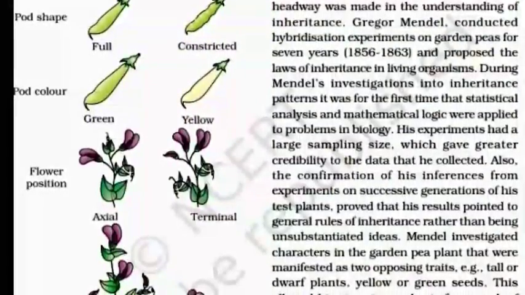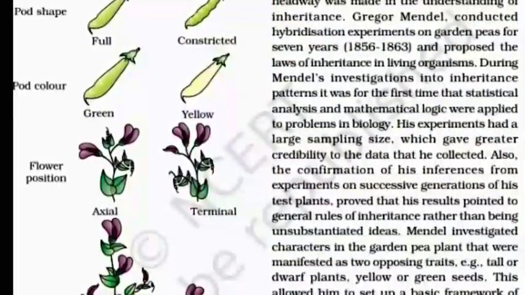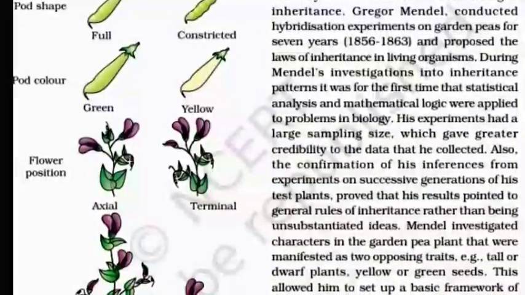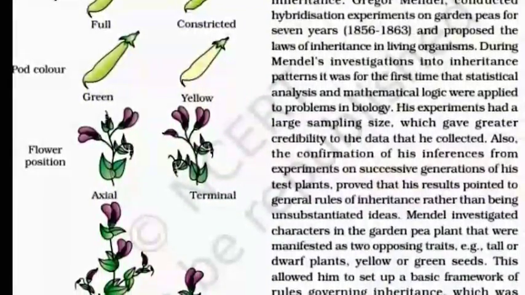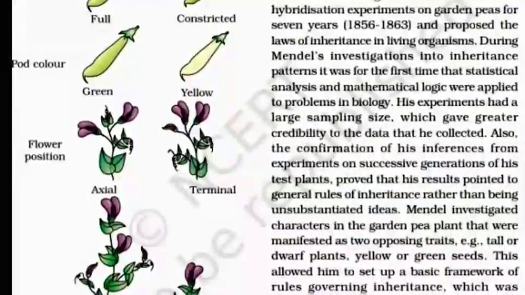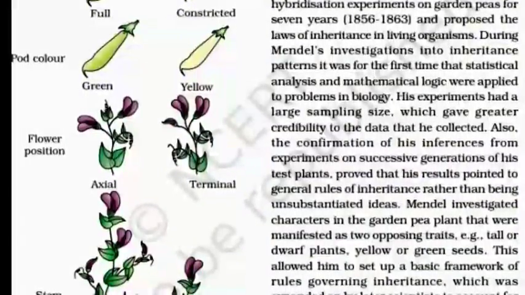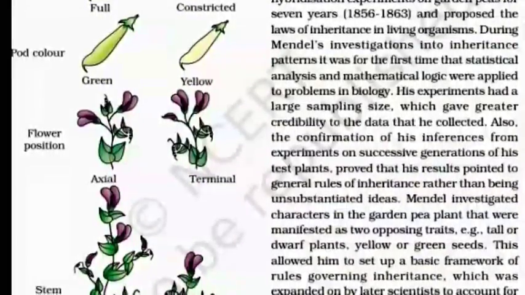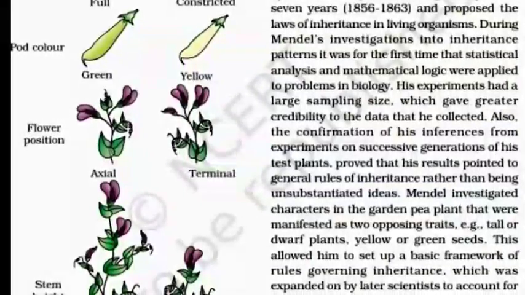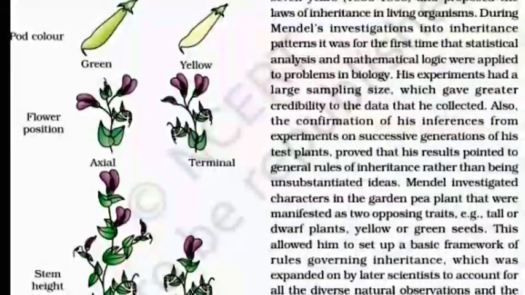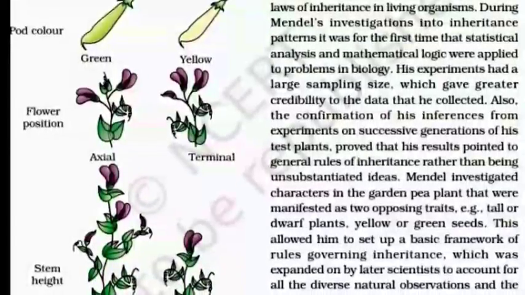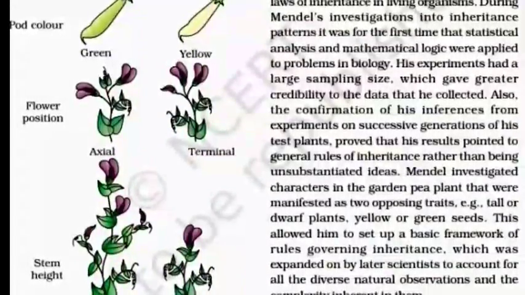His experiment had a large sampling size, which gave greater credibility to the data that he collected. Also, the confirmation of his inference from experiments on successive generations of his test plants proved that his results pointed to general rules of inheritance rather than being unsubstantiated ideas.